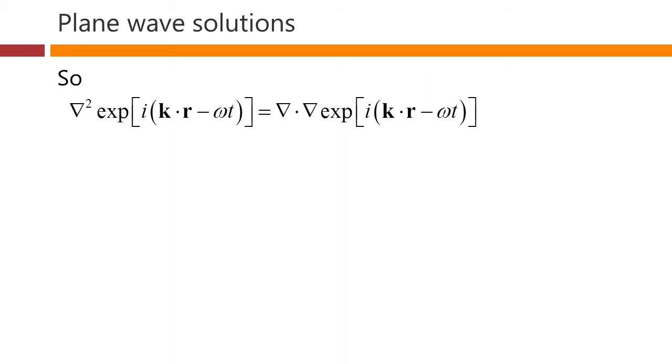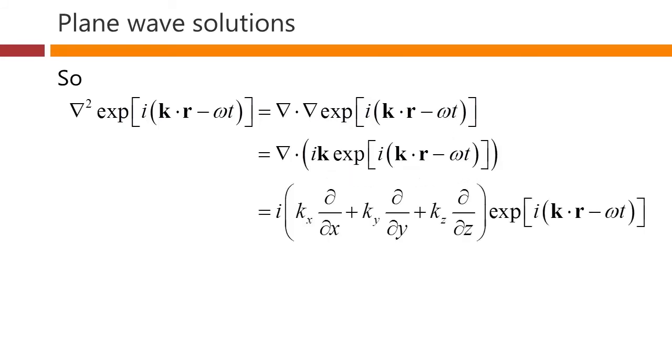So we can go on to figure out the second derivative here, del squared, of e to the i(k dot r minus omega t). And again, remember we can write that as the gradient operator dotted into the gradient operator. So we know the answer to this one. That was just ik e to the i k dot r. And so we can write out this whole dot product.